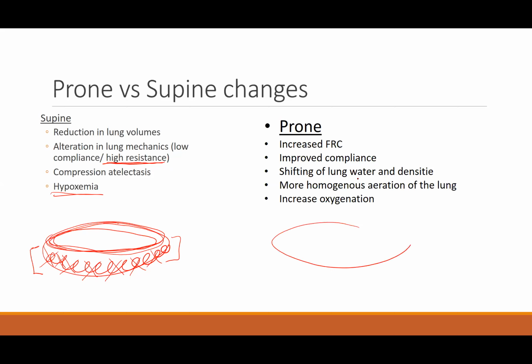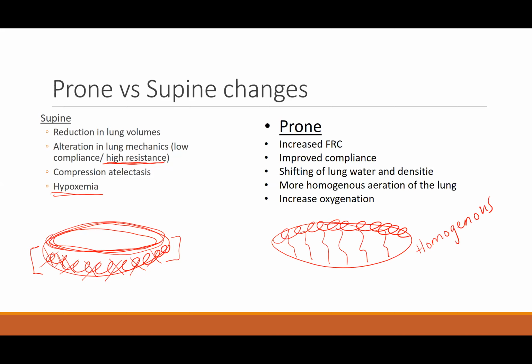Now I'm going to flip this picture upside down again. This person is prone. So I have an increase in what's called functional residual capacity. We'll look a little more at what that means, but basically it means there's more space for me to ventilate. I'm going to get an increase in compliance with that additional space as this stuff starts to really fall and I get more of a homogeneous structure.